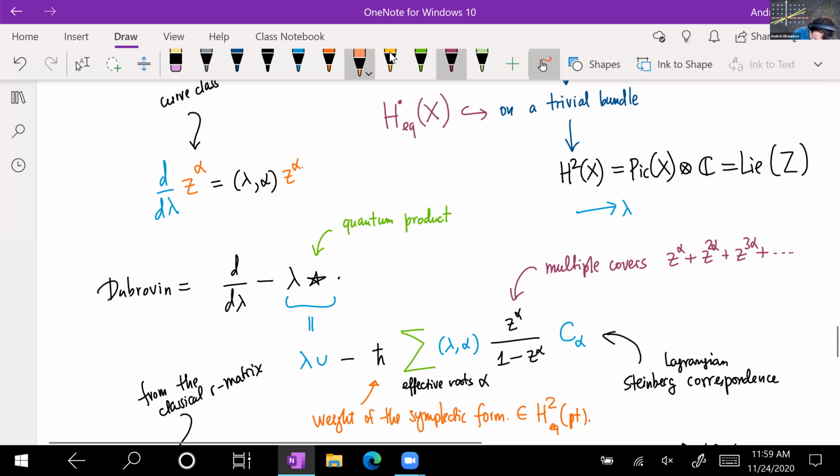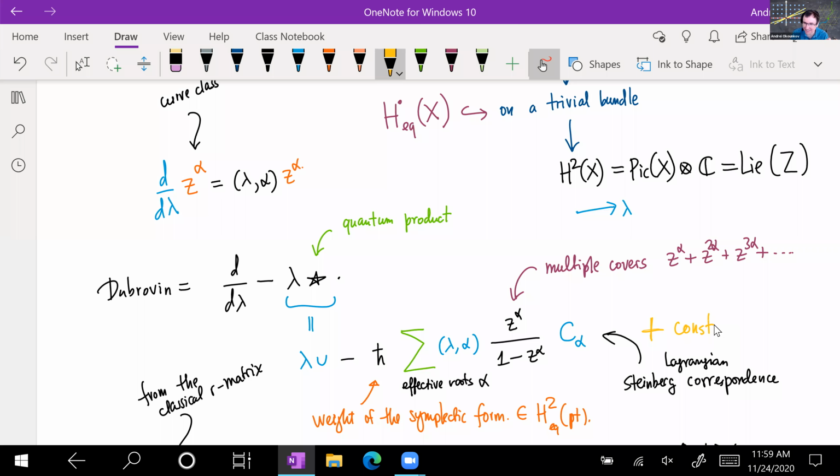So plus a constant. Maybe this plus is too small. Let's try a bigger plus. Plus a constant. It's very fitting that Konstantin should bring a constant up.